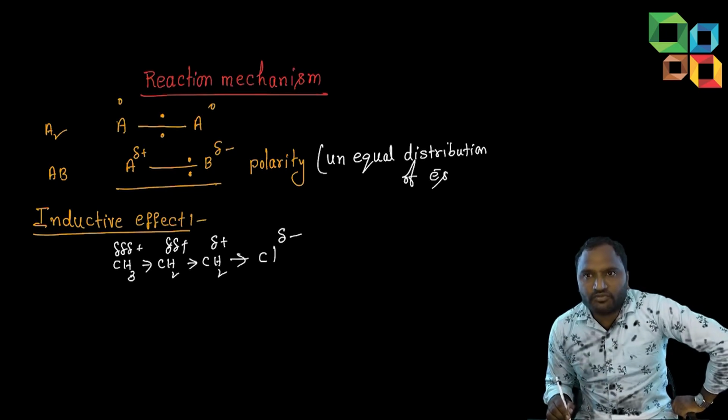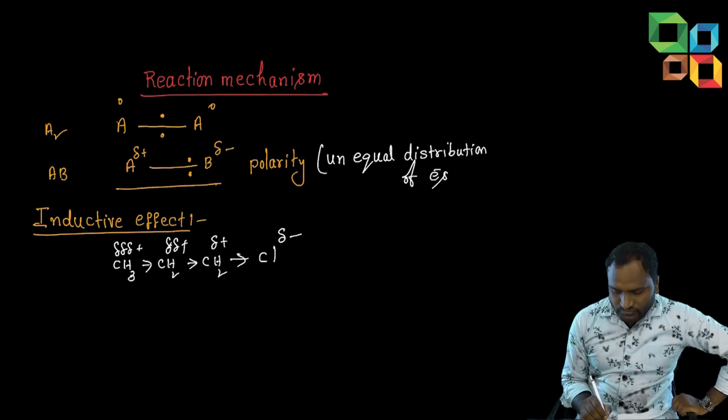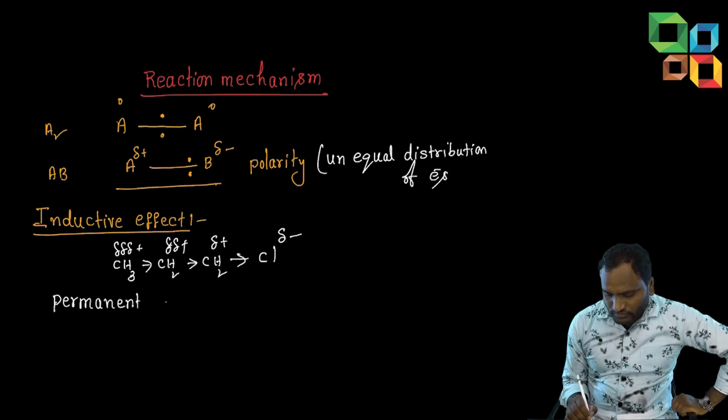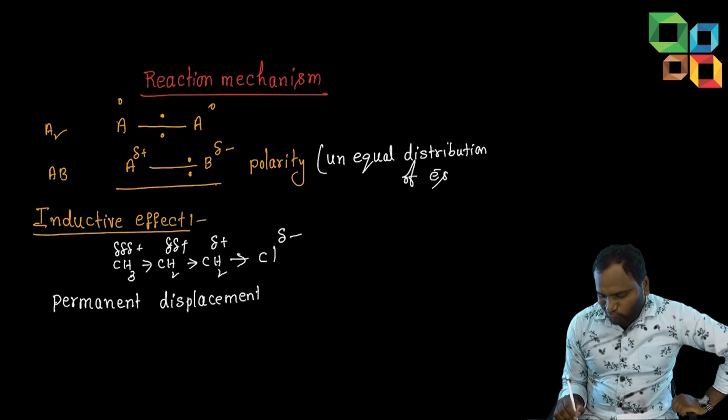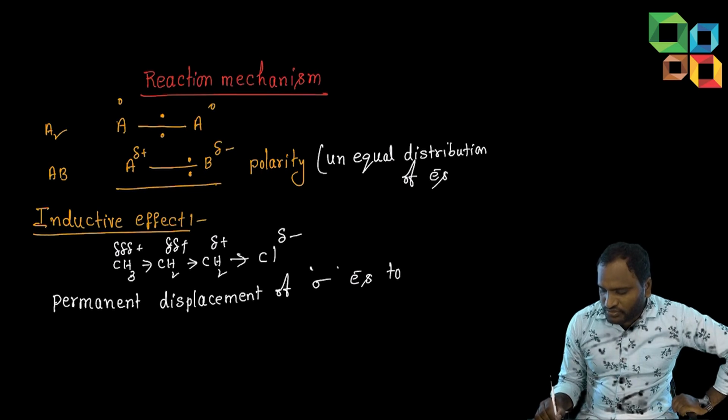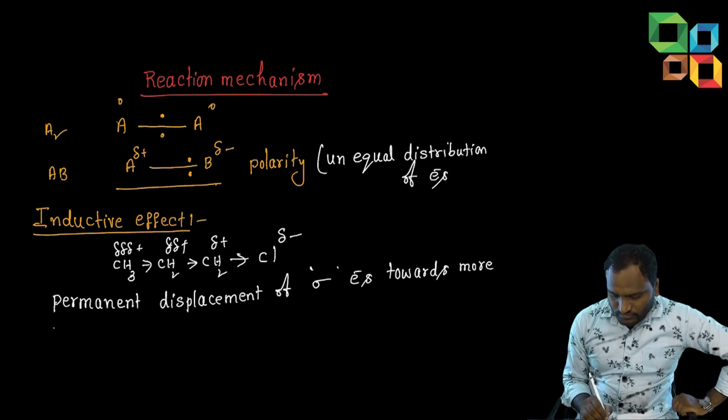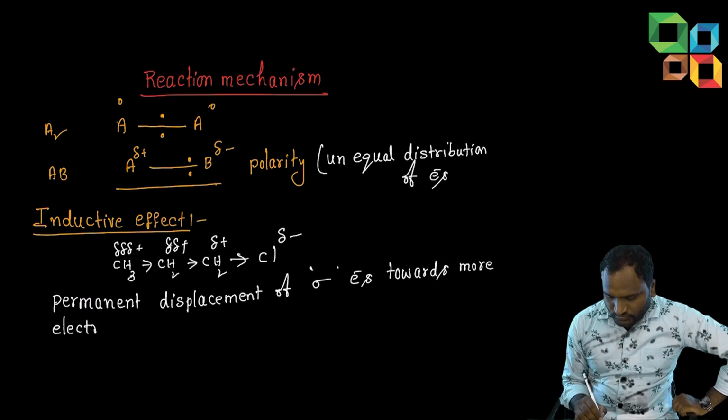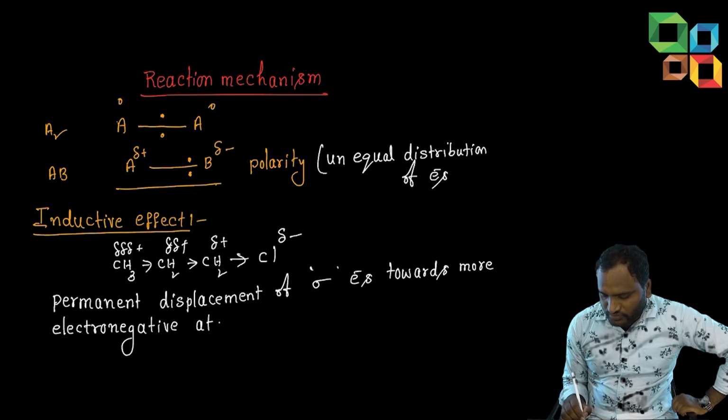Definition: permanent displacement of sigma electrons, not pi electrons, towards the negative atom, towards the more electronegative atom, is called inductive effect.